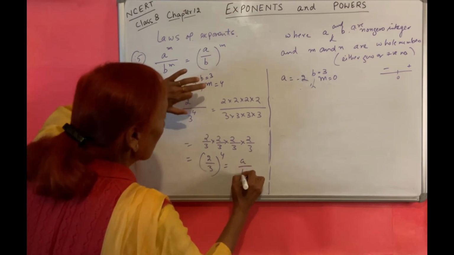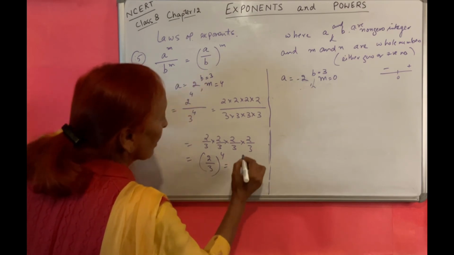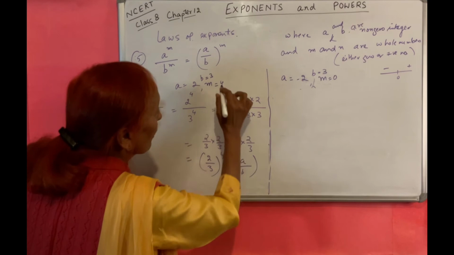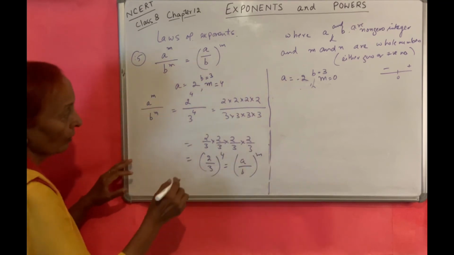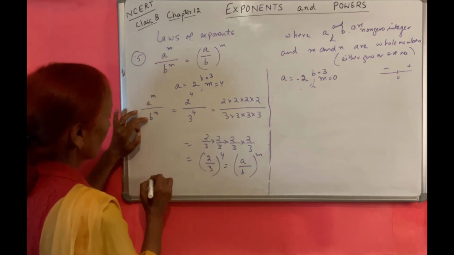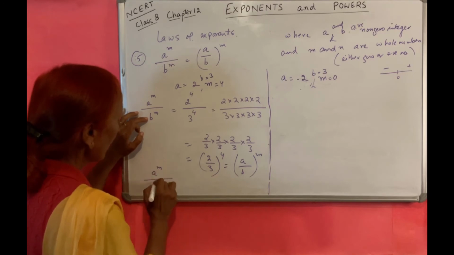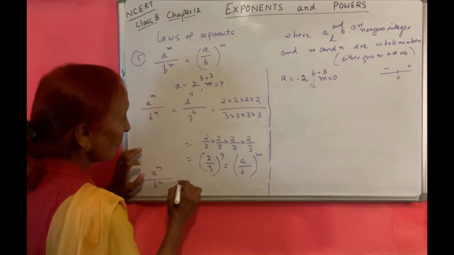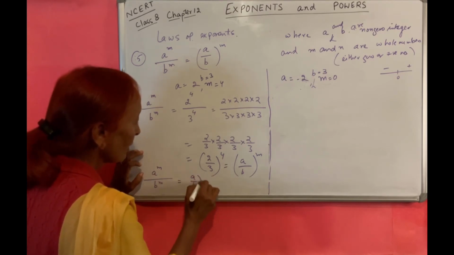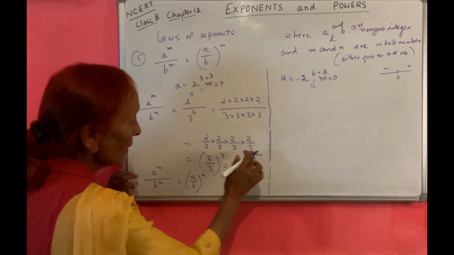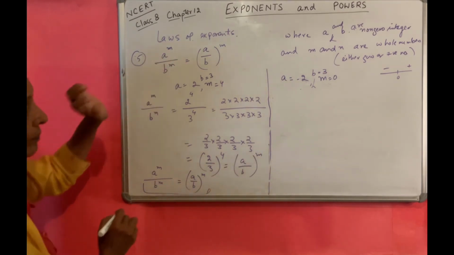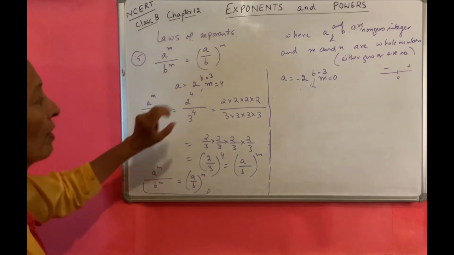What is 3? That is b. So raised to power 4 is m. So this is right hand side. We started with a raised to power m upon b raised to power m and proved that this is equal to a by b raised to power m. So this is true for these values.